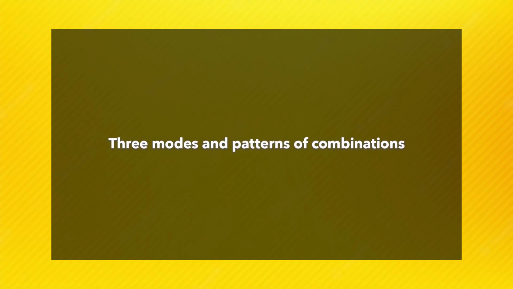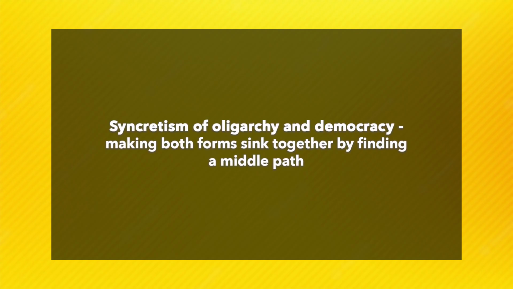Aristotle suggests three modes and patterns of combination from which polity can spring up. First, syncretism of oligarchy and democracy, meaning making both forms sing together by finding a middle path.